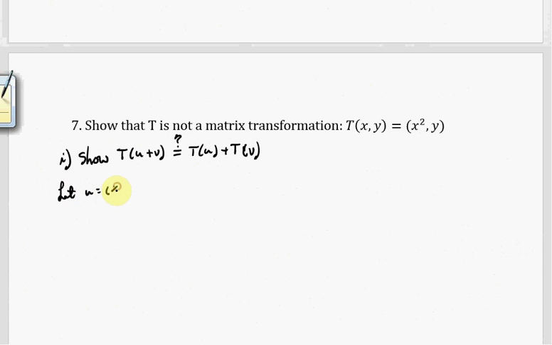Let u equal (x sub 1, y sub 1) and v equal (x sub 2, y sub 2).